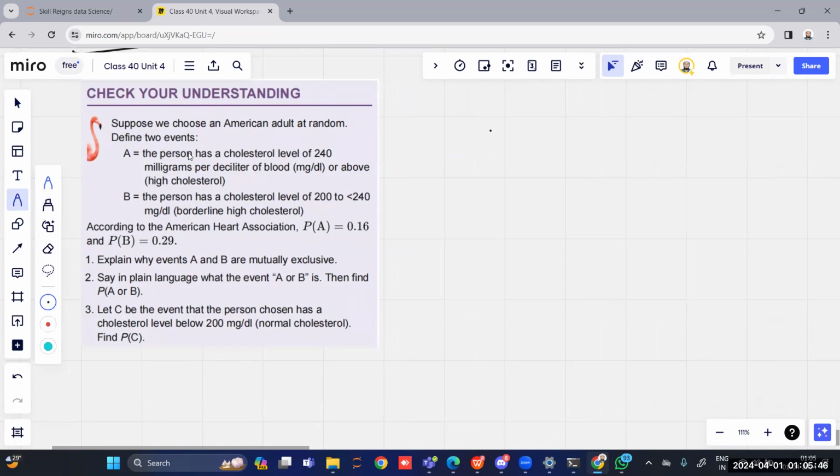Okay. Suppose we choose an American adult at random, and define two events. So there we are choosing an American adult at random. A: the person has a cholesterol level of 240 milligrams per deciliter of blood or above. High cholesterol means A is the event that the person has 240 or above cholesterol.